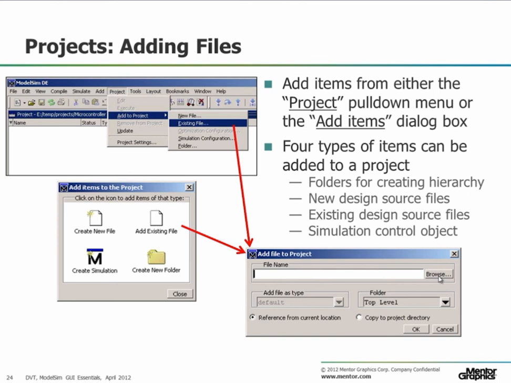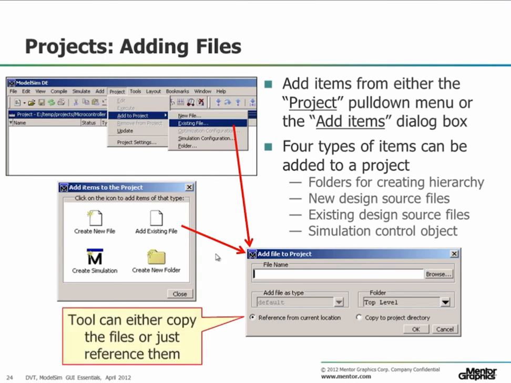I can go browse through my directories, select a bunch of files, and then I can add them to my project. And when I add them, I can either reference them in their current location, in which case I'm just looking at them, I'm not making a local copy, or you can copy them into the project directory. I would want to do that for things that I'm going to change that I don't want anyone else to have those changes.